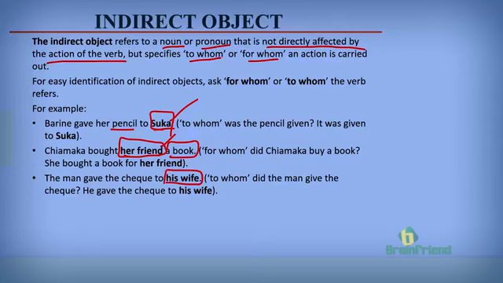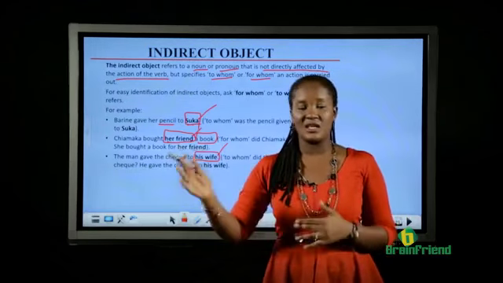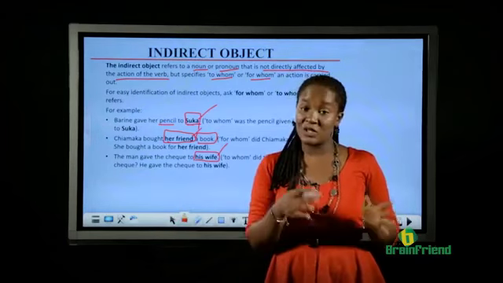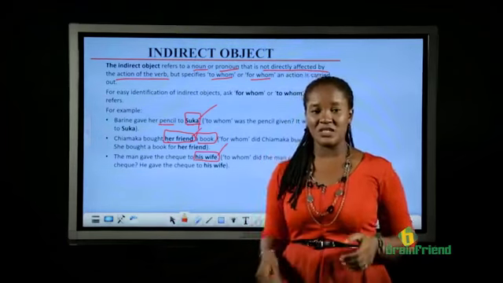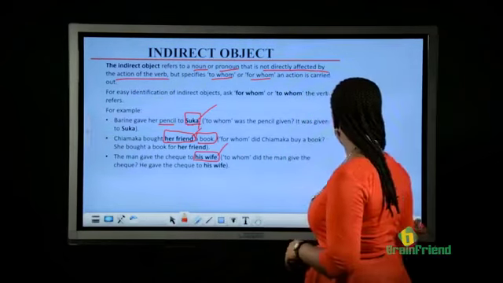To whom did the man give the check? The man gave the check to his wife. So his wife is the indirect object of this sentence. Now note that direct objects sometimes precede indirect objects, and at other times, indirect objects precede direct objects.